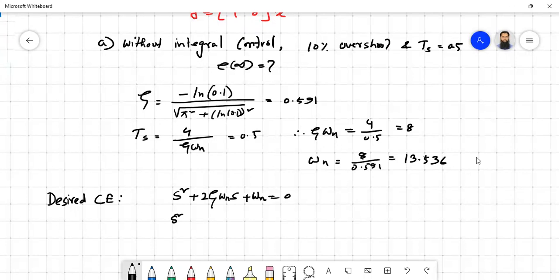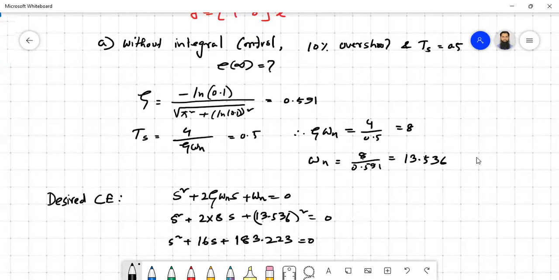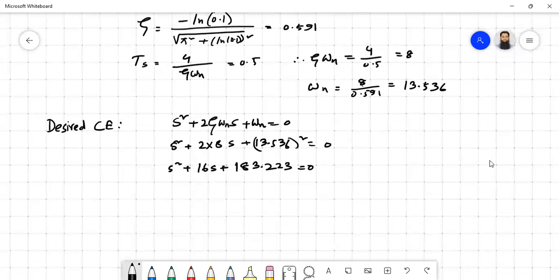So s square plus 2 into 8, that is zeta omega n, s plus 13.536 whole square. That will give us s square plus 16s plus 183.223 equal to 0.